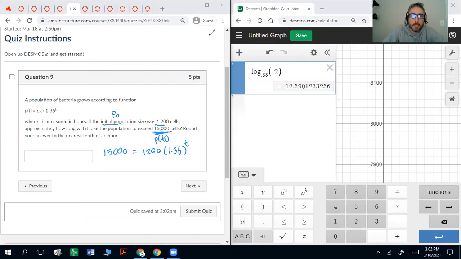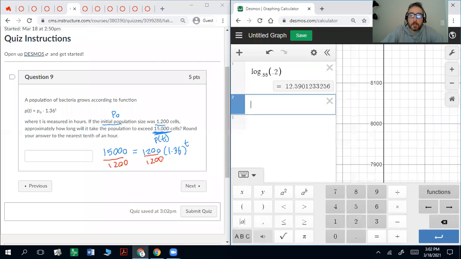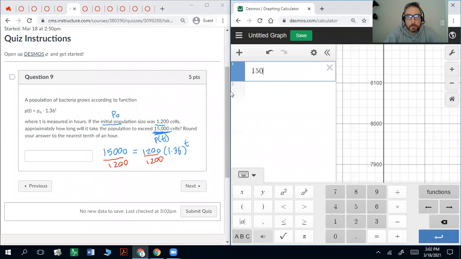And just do it like the last one. So we're going to divide by that 1200. Let's use our calculator. That's 12.5. So 12.5 equals 1.36 to the t power.